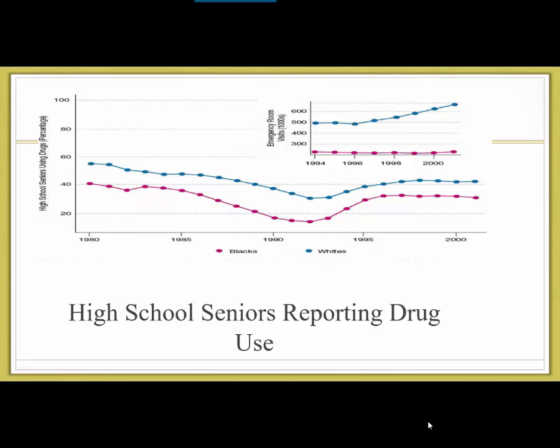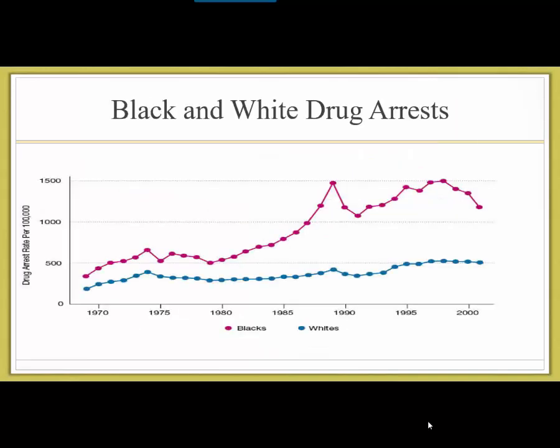But instead, what you seem to see is a racial disparity suggesting that white teenagers are more likely to be admitted to the ER for drug-related overdose, even though, once again, we don't see that in arrests. So people are going to the hospital for overdosing, but not necessarily being arrested at similar rates for drugs.